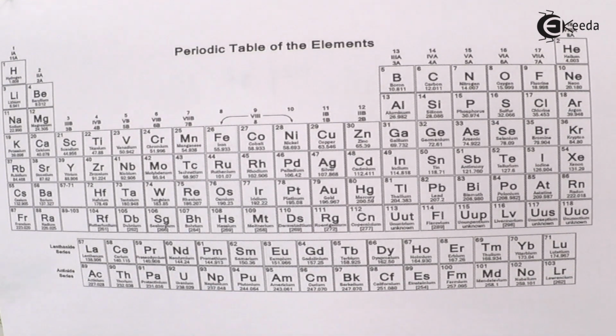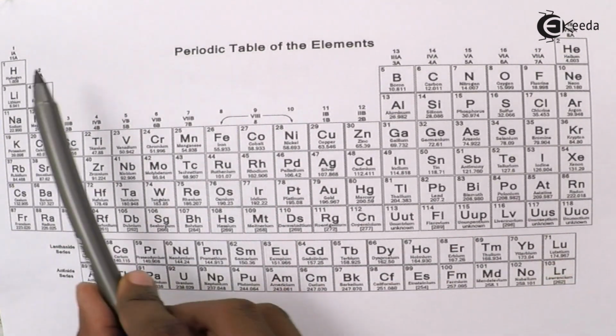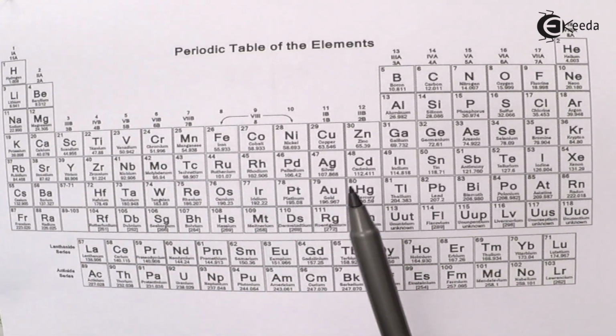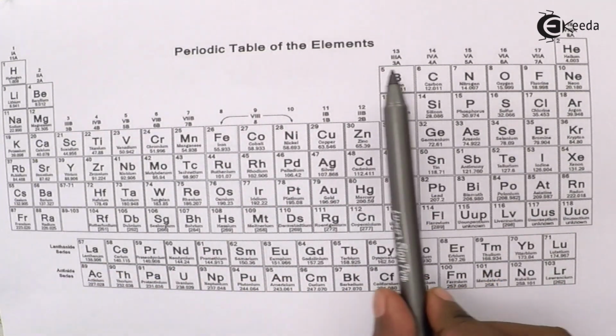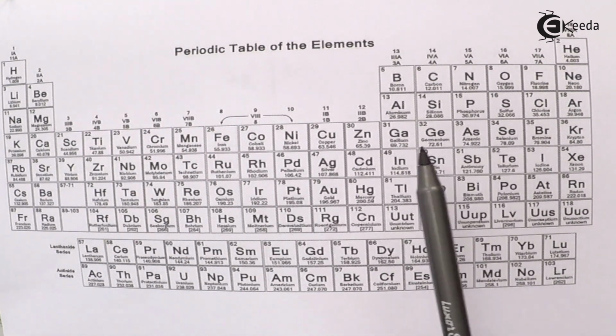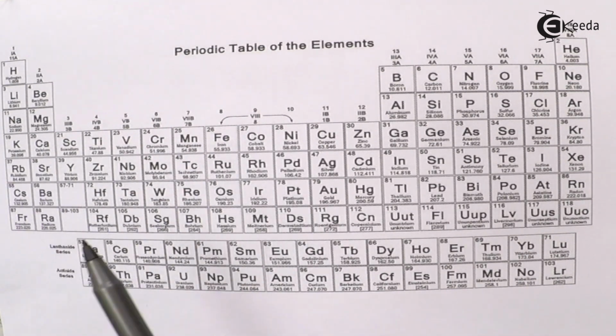So this is how we can conclude why the first period has only 2 elements, the second has a total of 8, the third also has 8, while the next one has 18, and then it goes on. This is basically the periodic table that we know.